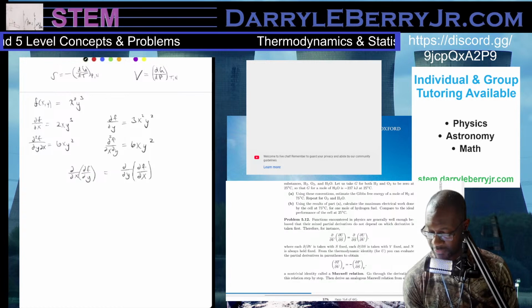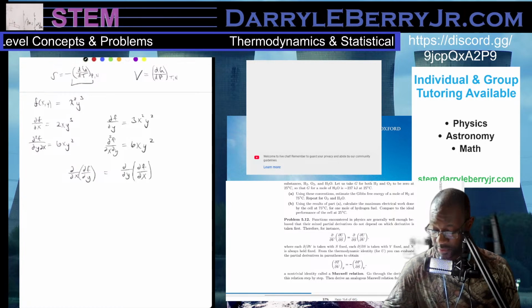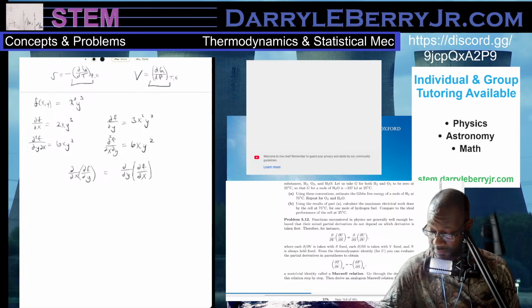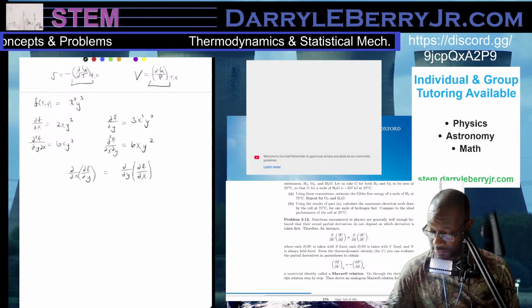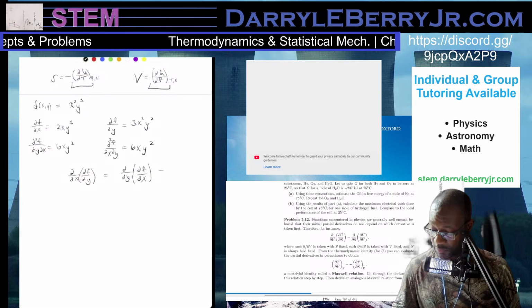So how this applies to the equation we have right now is we have one equation that's the partial of g with respect to t, and one is the partial of g with respect to p. So I'll make these partials. What we're going to do is equivalent to a Maxwell relation.